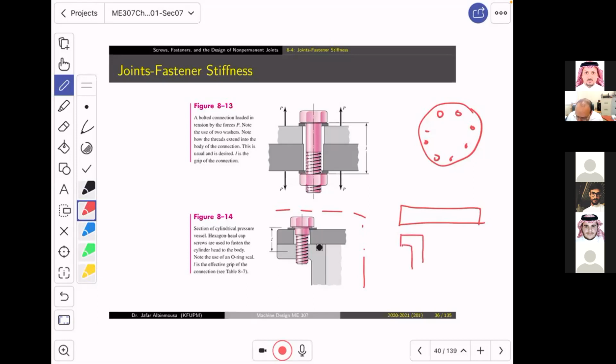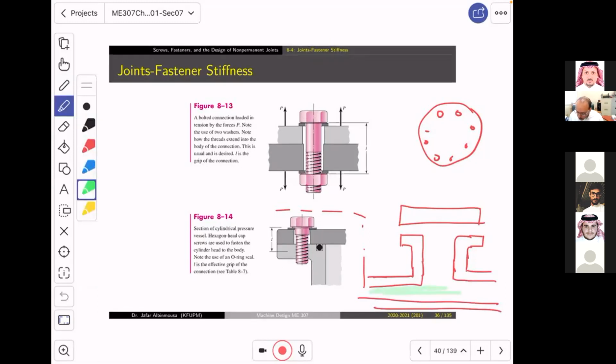Now, this pipe is very common. You can see it, for example, in a pipeline. Let's assume that this is a pipeline, and there is an opening in the pipeline for measurements. So the fluid is inside over here.